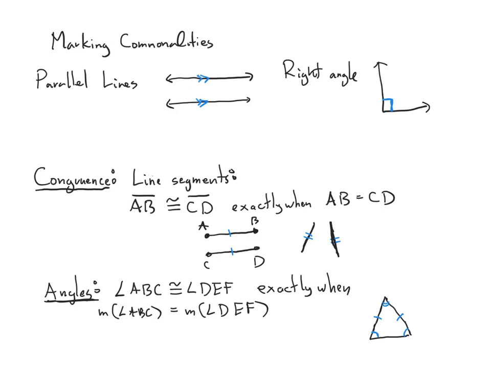Angles are congruent when they have the same measure. So these two angles ABC and DEF are congruent exactly when the measures of them are the same.